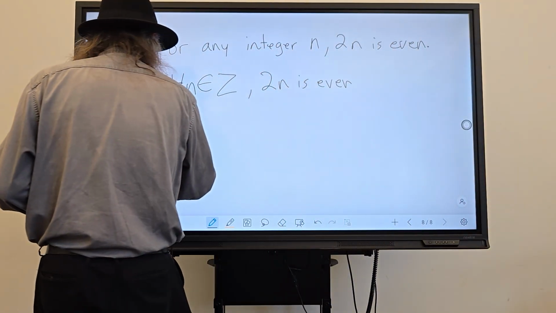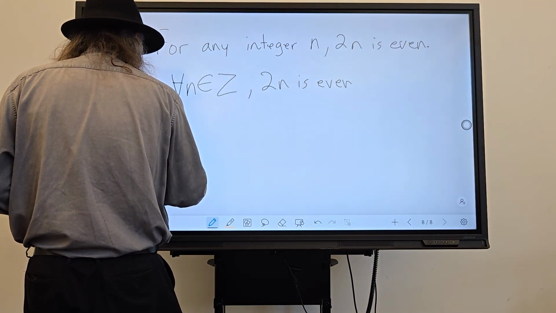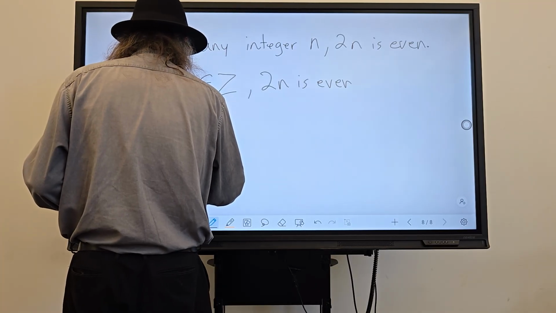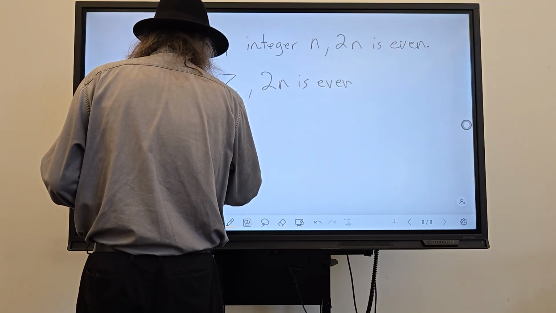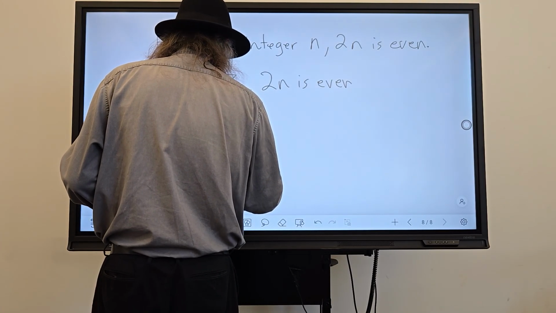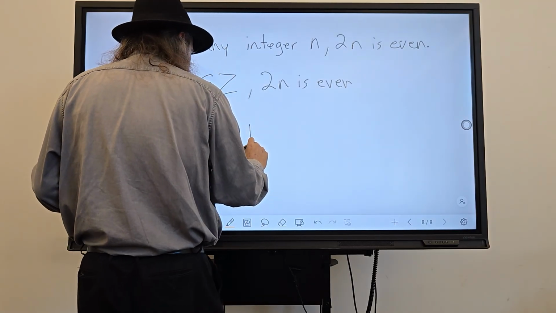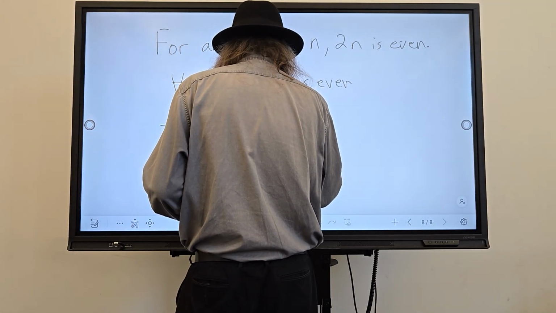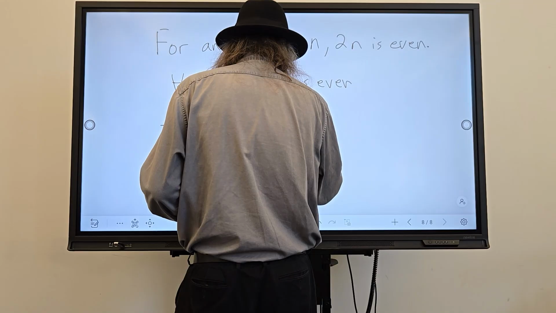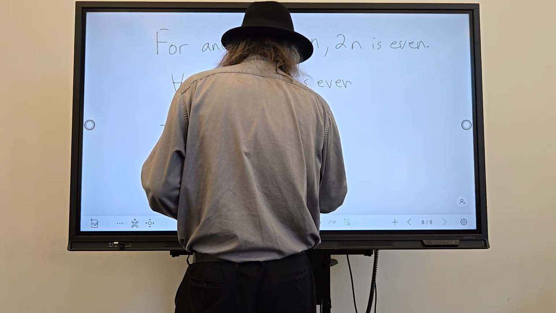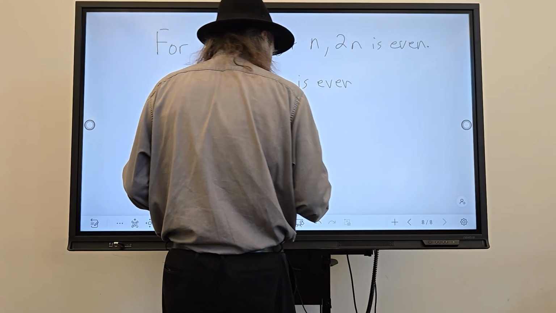There exists a number n, element of R, such that n squared is less than or equal to 0.